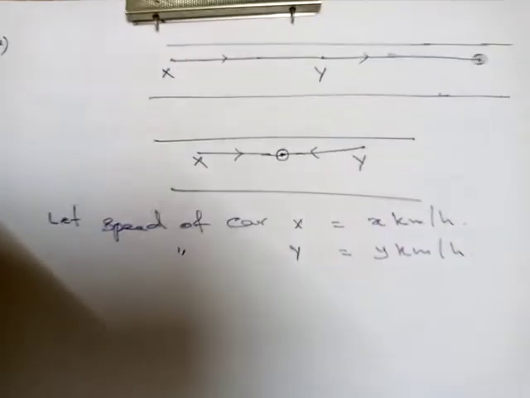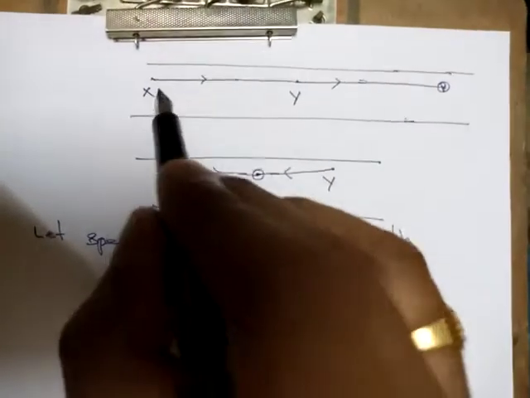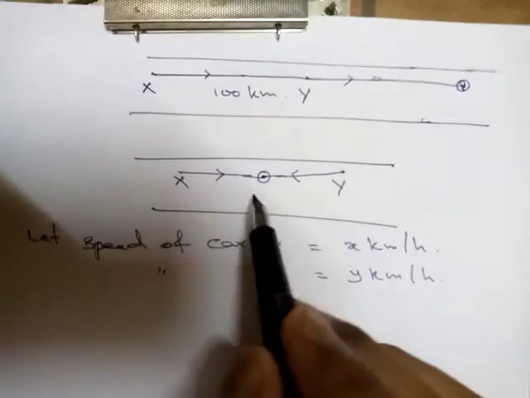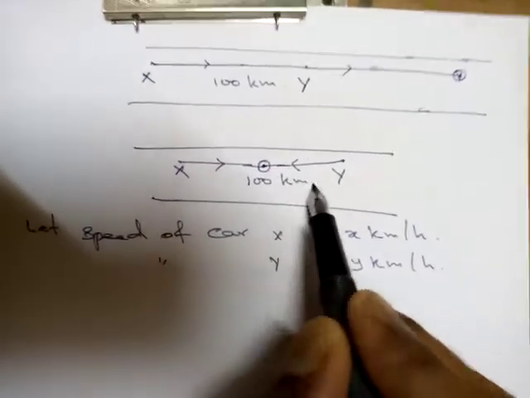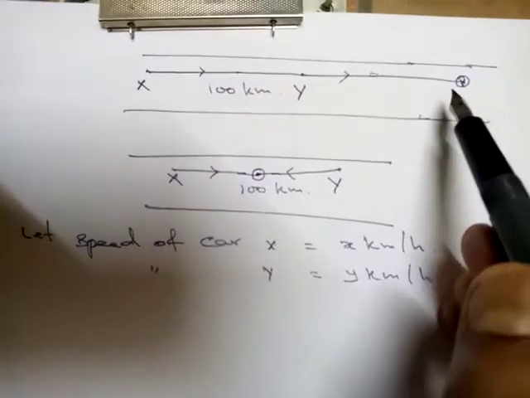Two cars' speeds x and y I am taking. Okay, right. So now what they have given: the distance between these two places is 100 kilometer. Here also 100 kilometer.